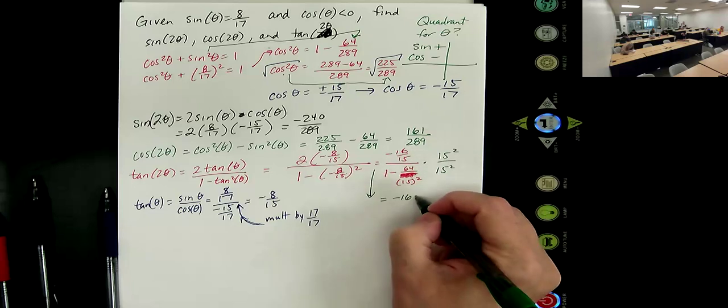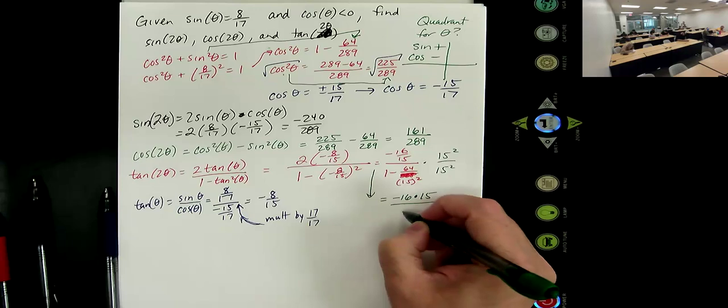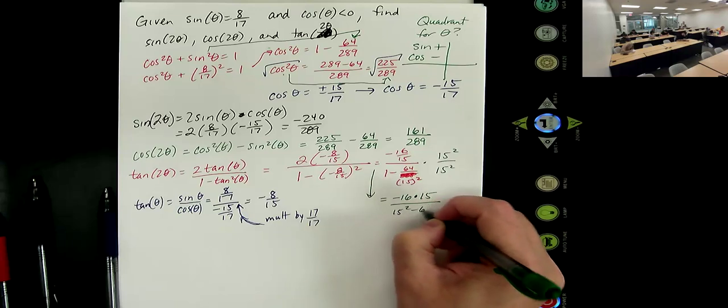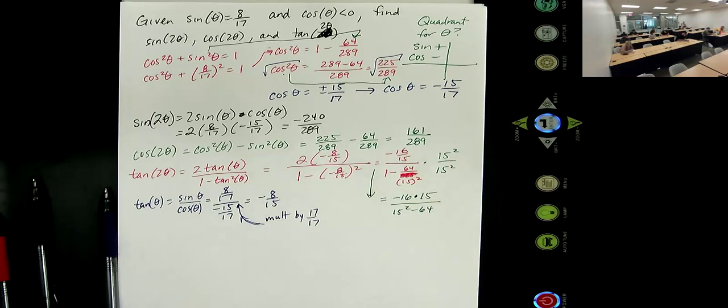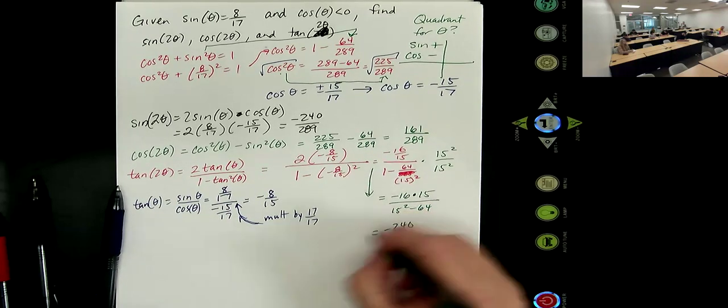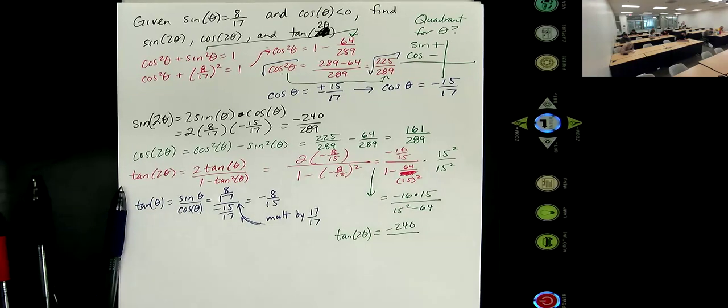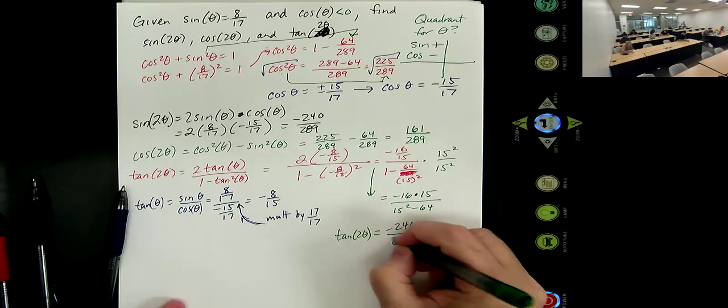One of the 15s will cancel out on top, we get 16 times 15 over 15 squared minus 64 on bottom. And I don't know what that is, where's my calculator? Negative 240 on top, this will be tangent 2 theta, over 161.